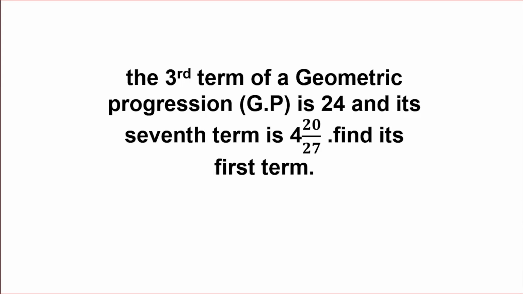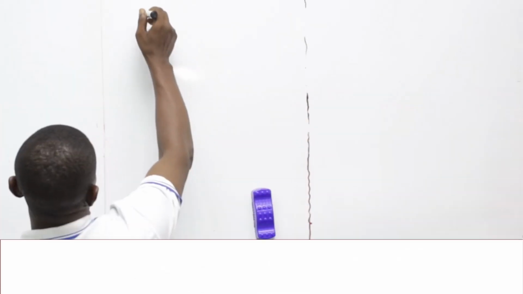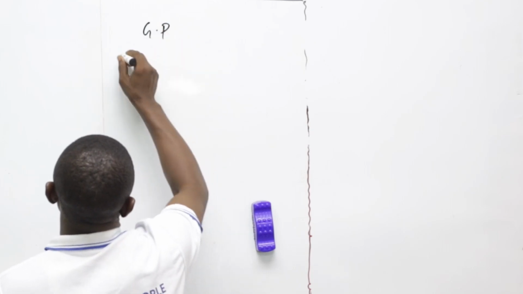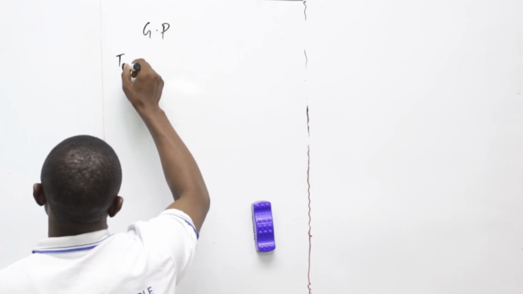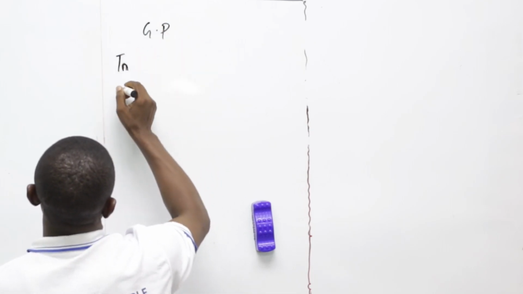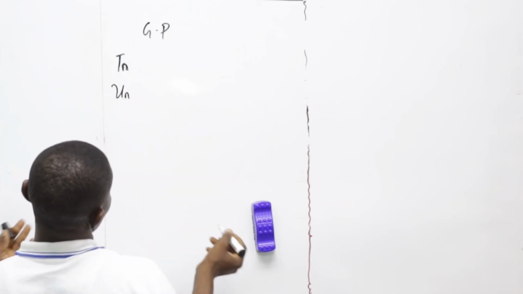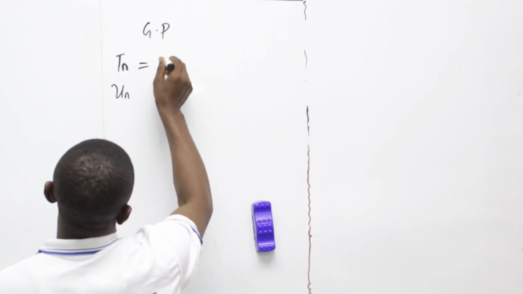Before we solve the question, we must think about the general formula for GP. Tn, as some textbooks will tell you, while some will say Un, no issue. Anyone you like, you choose.